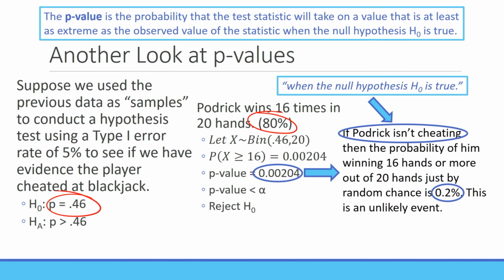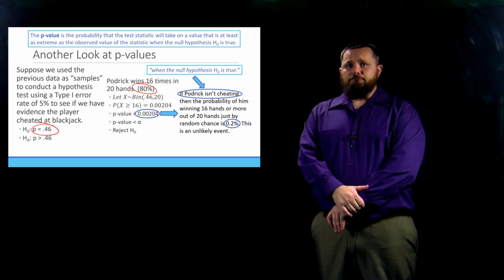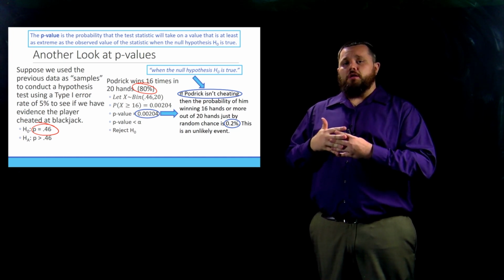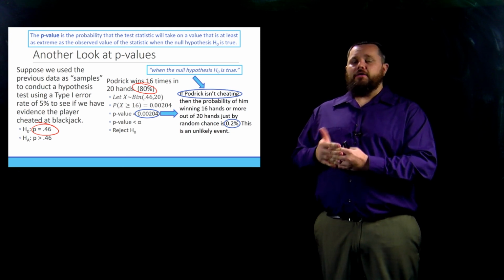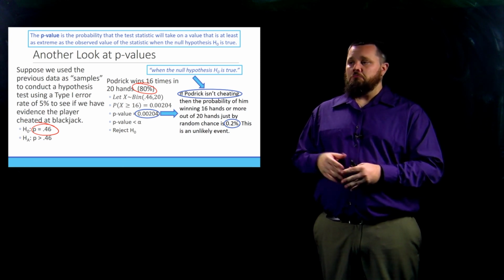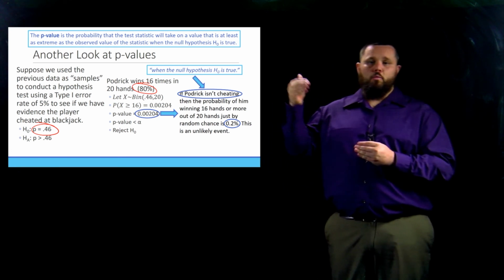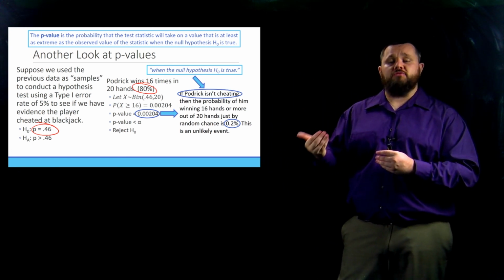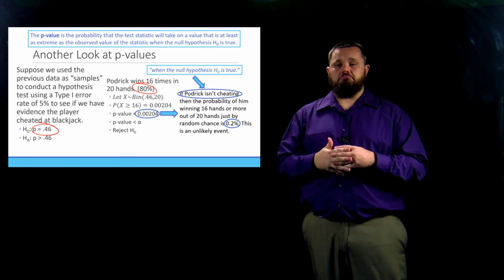Now, just like we've discussed before with hypothesis tests, your conclusion is what you come to based off of your data. Does that guarantee that your conclusion is correct? No. In this example with the hypothesis test, we ended up getting a very small p-value. So based off of this data, we would have accused Podrick of cheating.